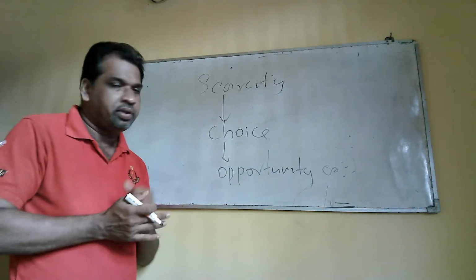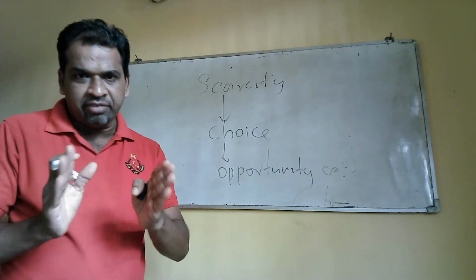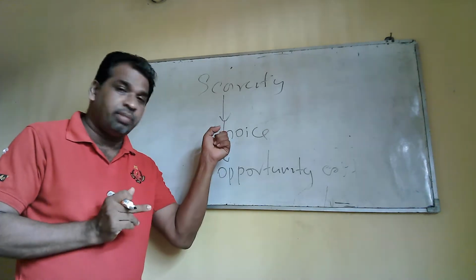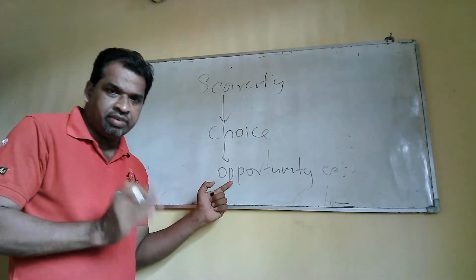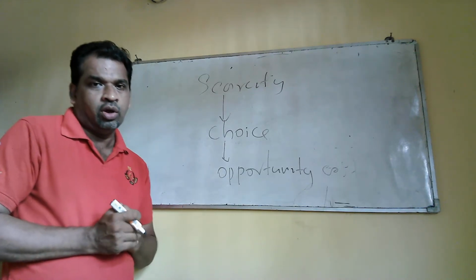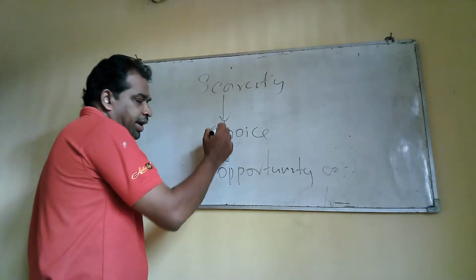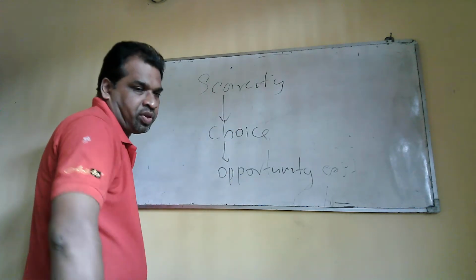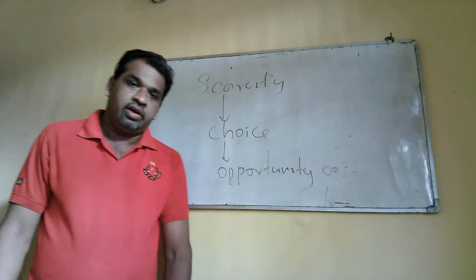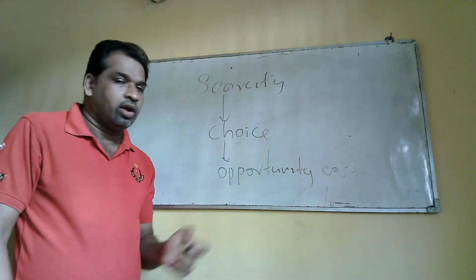Because we selected the best one, the next best alternative is what we give up. The cost of the next best alternative is called opportunity cost. These three concepts are interrelated: scarcity, choice, and opportunity cost. Okay, you understood simply scarcity, choice, and opportunity cost.